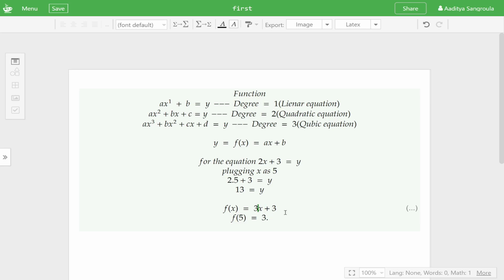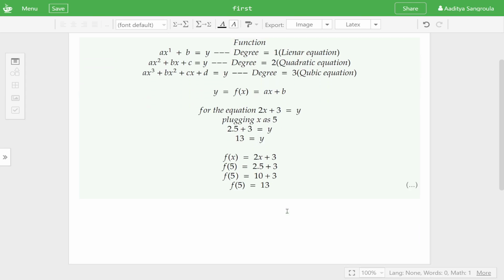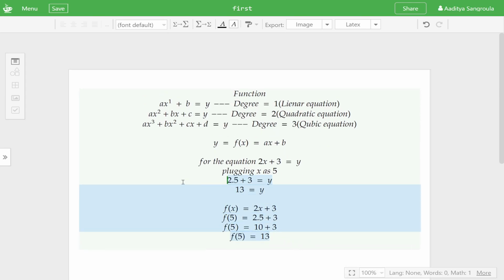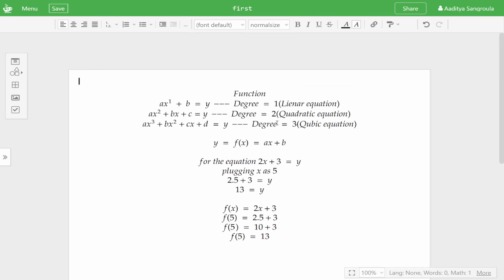So f of 5 is equal to 2 times 5 plus 3, which is 10 plus 3, so f of 5 is basically equal to 13 as well. So functions are an easy way of writing equations.